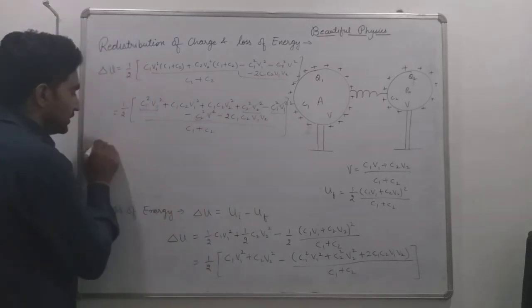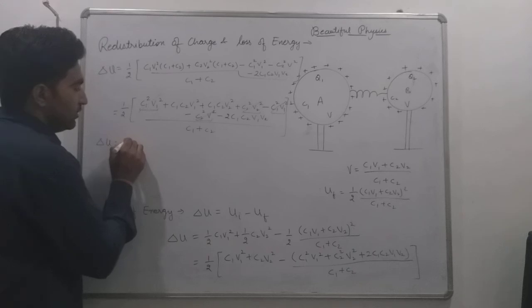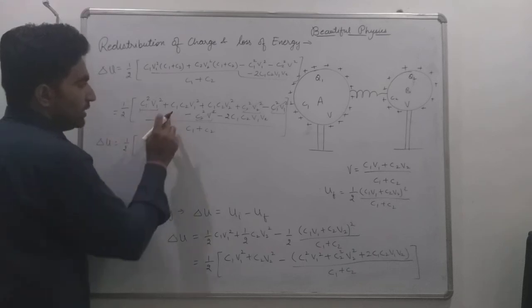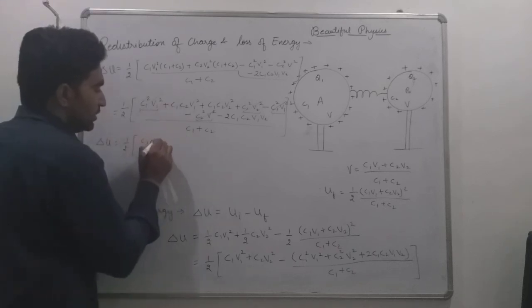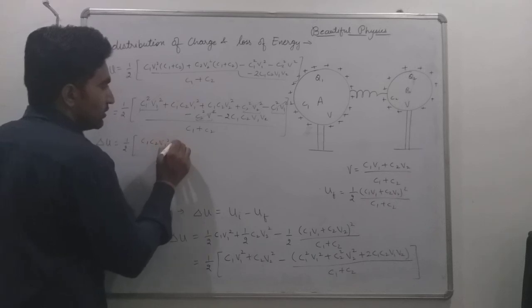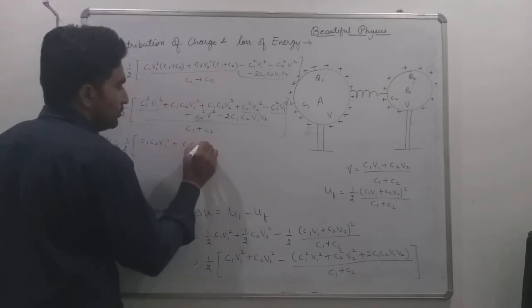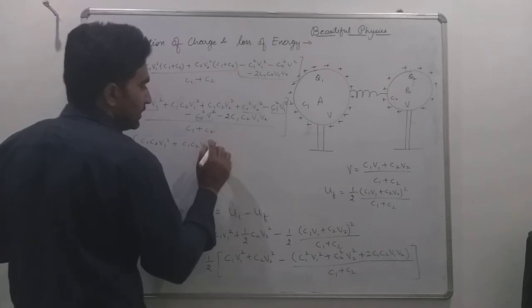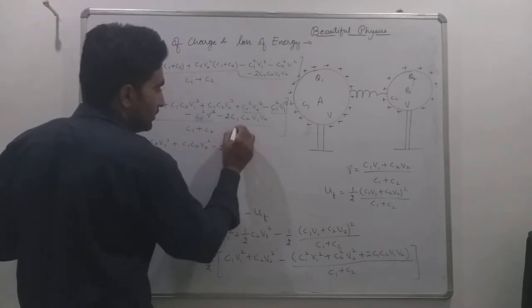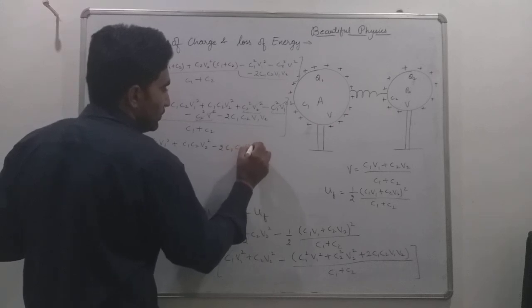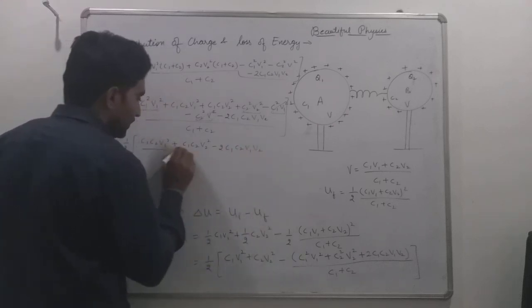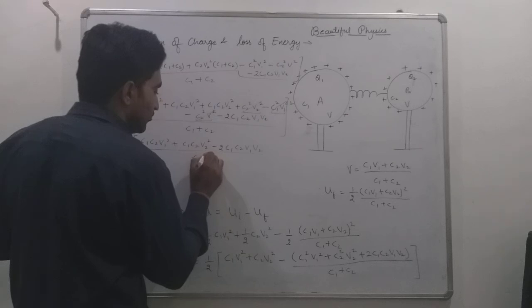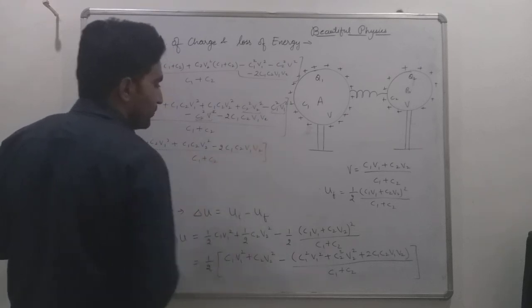We have delta U, loss of energy, equal to 1 by 2 and the terms C1 C2 V1 square plus C1 C2 V2 square minus 2 C1 C2 V1 V2, divided by C1 plus C2.